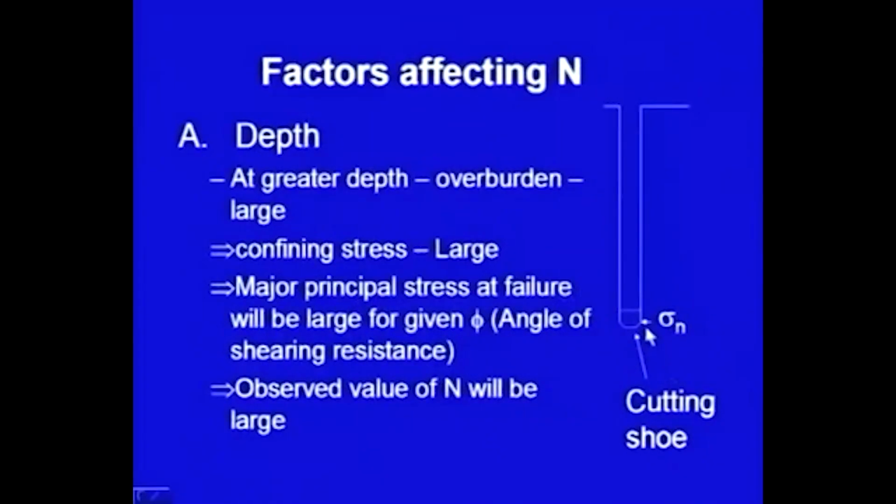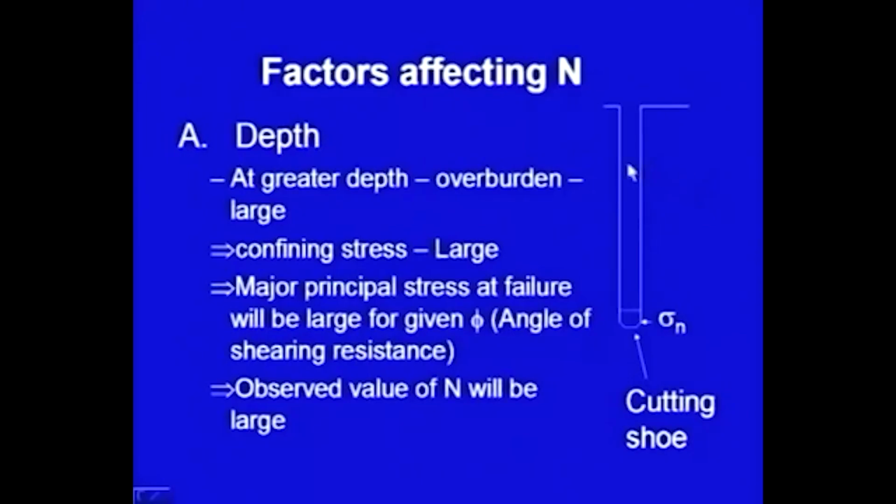if I conduct a test here, or here, or at this place, the strength will be different, and that strength is different not because the soil is different. The soil is the same here and here. What is changing is the confining pressure.